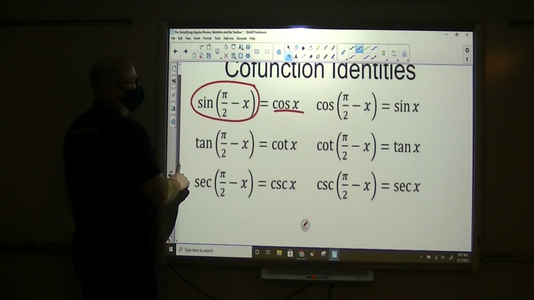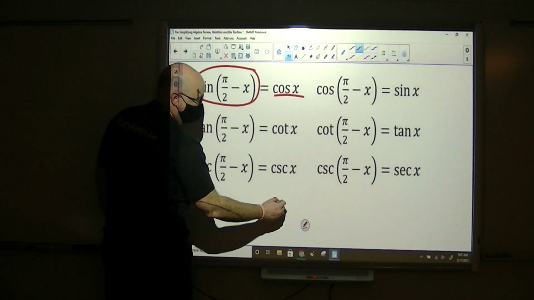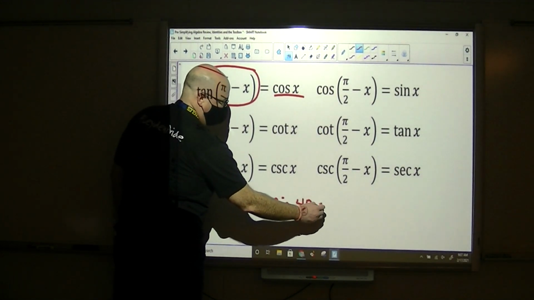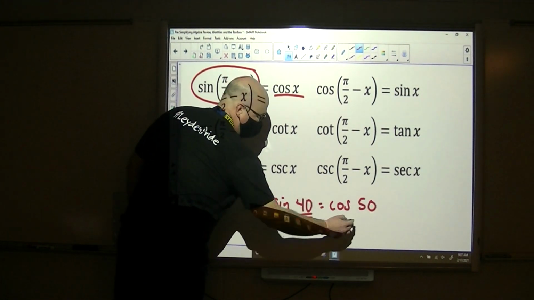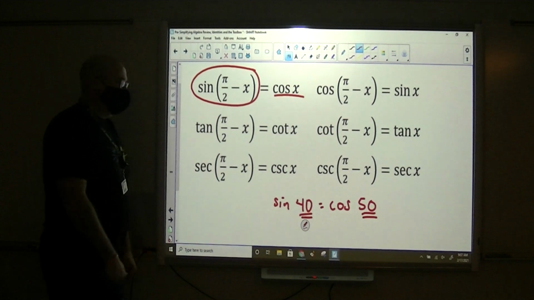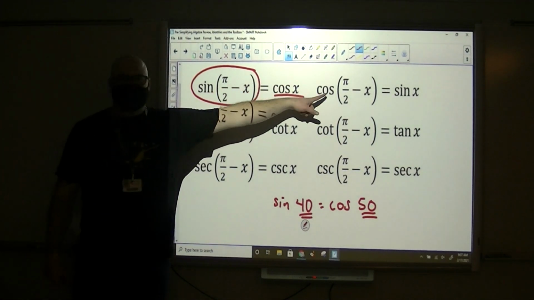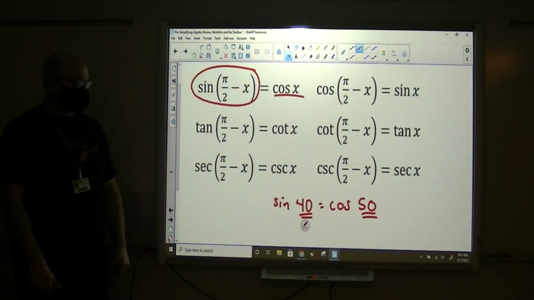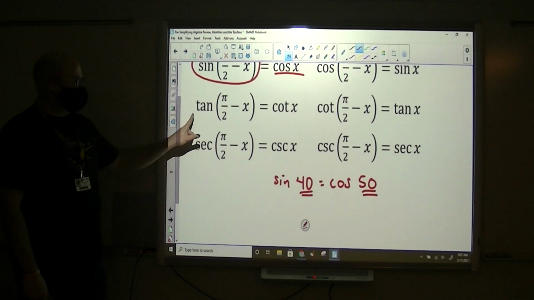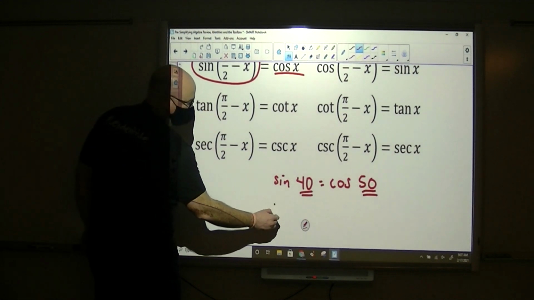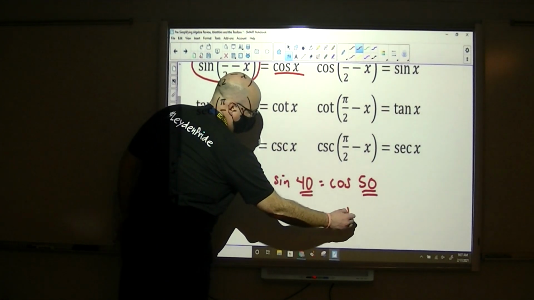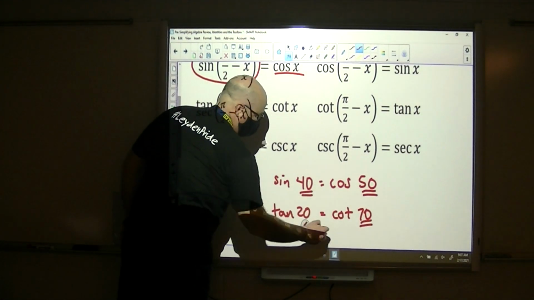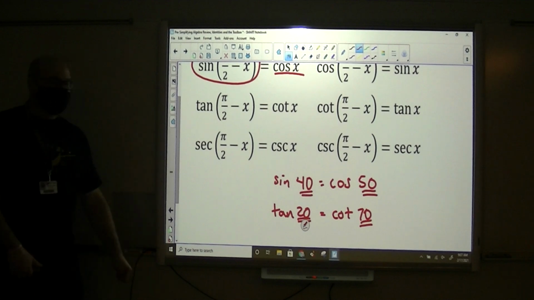Plain and simple, the best way to say that is, the sine of 40 degrees is equal to the cosine of 50 degrees. If these add up to 90, that's this cofunction identity up here, okay? Tangent and cotangent are cofunctions, which means the tangent of 20 degrees is equal to the cotangent of 70 degrees because those add up to 90.